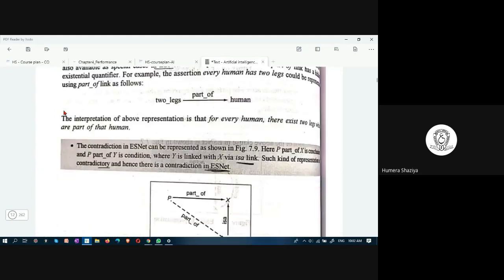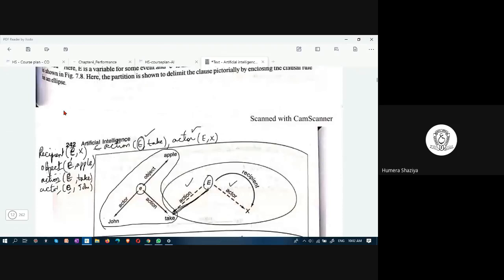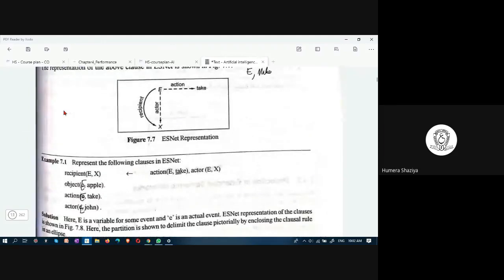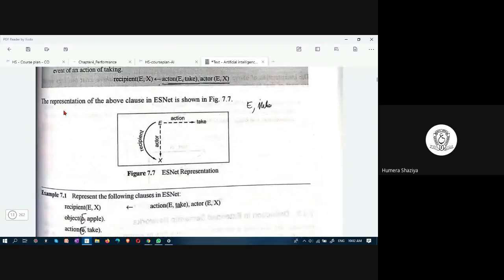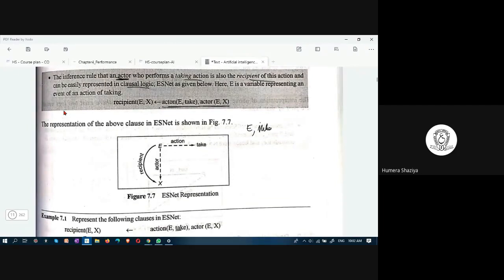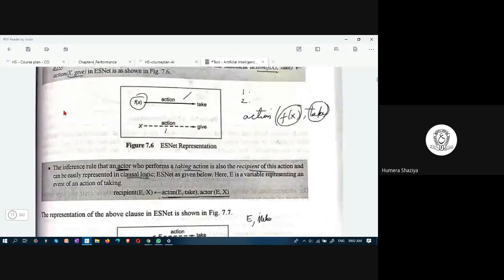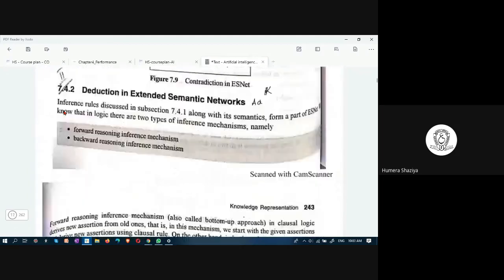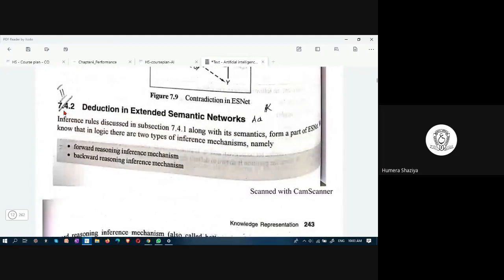For instance, look at this. This is extended semantic net representation, and this is also an ES net, which stands for extended semantic net representation. So these are all the notations and the symbols used in the extended semantic network.